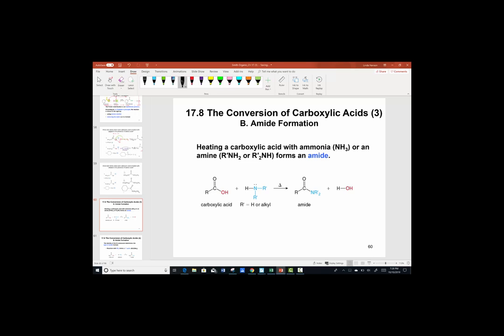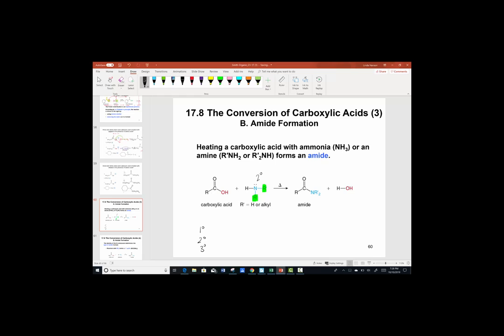And remember how we practiced a nitrogen can be primary, secondary, or tertiary. It depends on how many carbons it's attached to. So in this general formula, these R groups represent carbons, carbon chains. So this would be known as a secondary alkyl or a secondary nitrogen.